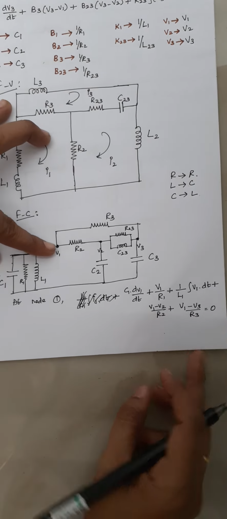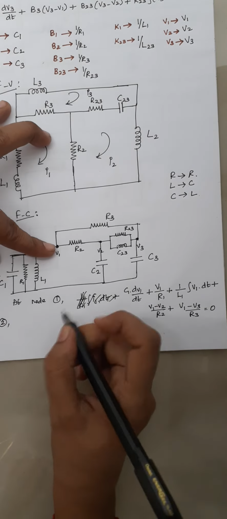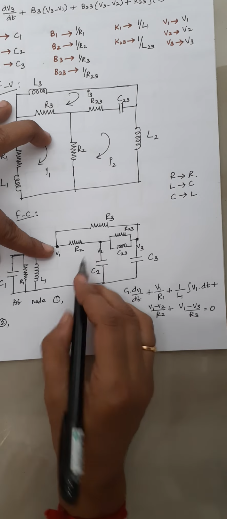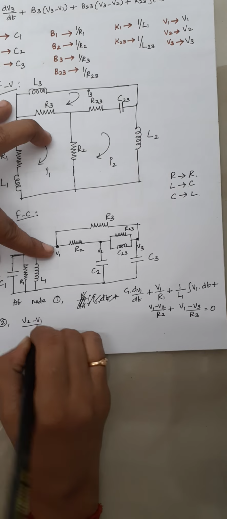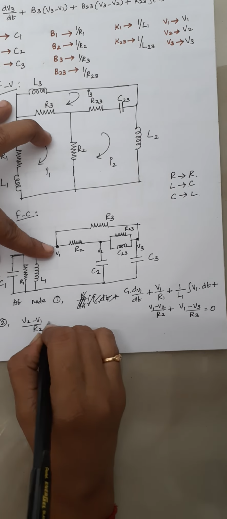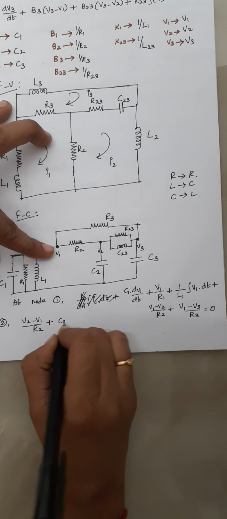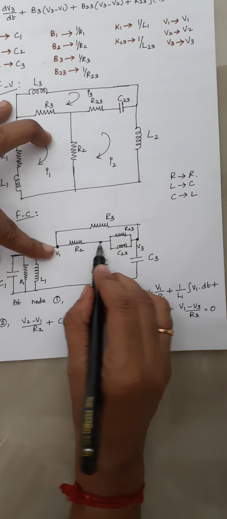Okay, this is your equation number 1, right? And the next one is at node 2. So at node 2 we have to write the expression. For R2 we write V2 minus V1 divided by R2, right? Plus again, for this capacitor C2 we write C2 into dV2 by dt, because this is connected to V2.